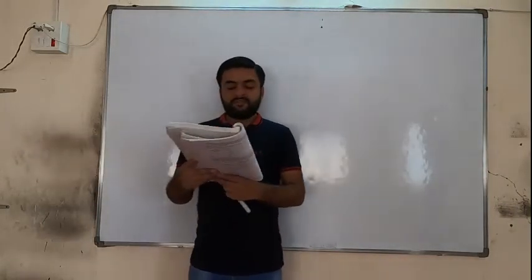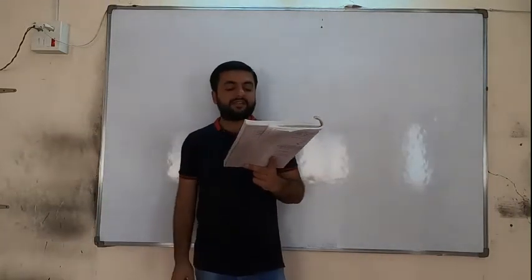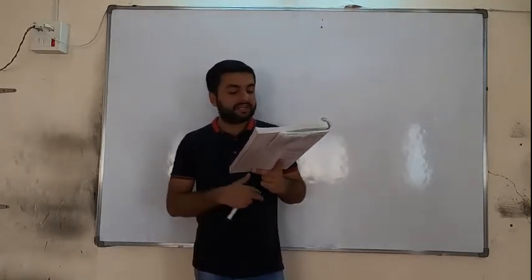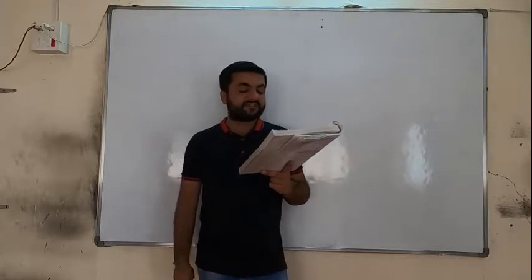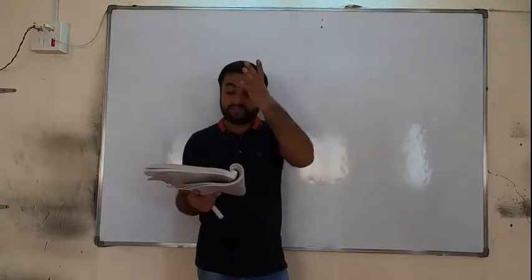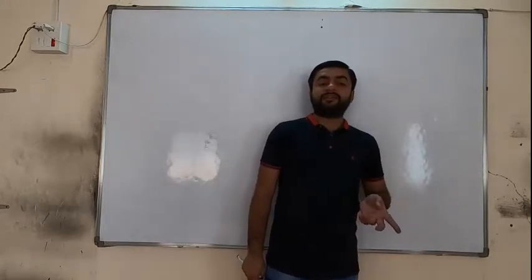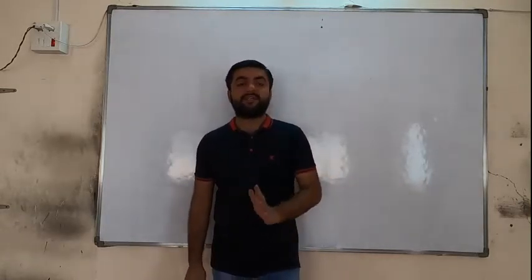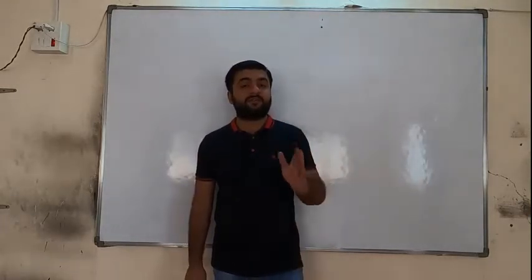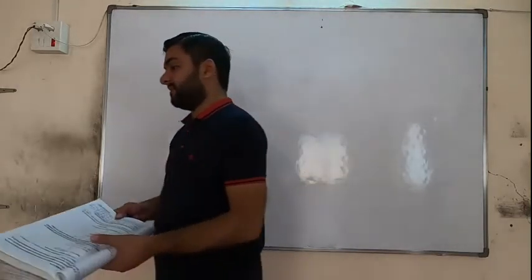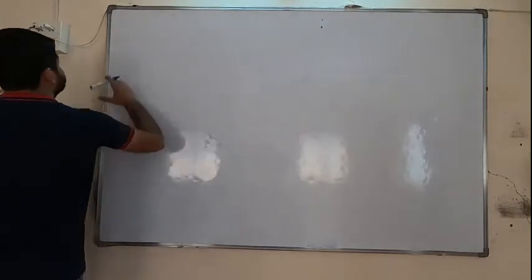The mean daily wage paid to 75 skilled workers of a factory was 280 rupees, whereas the mean daily wage paid to 125 unskilled workers was 150. Find the mean wage of all workers. See, one type of data is given, so number of observations and mean is given. Second type of data is given, so number of observations and mean is given. We have to find the overall mean. First of all we will write the data.